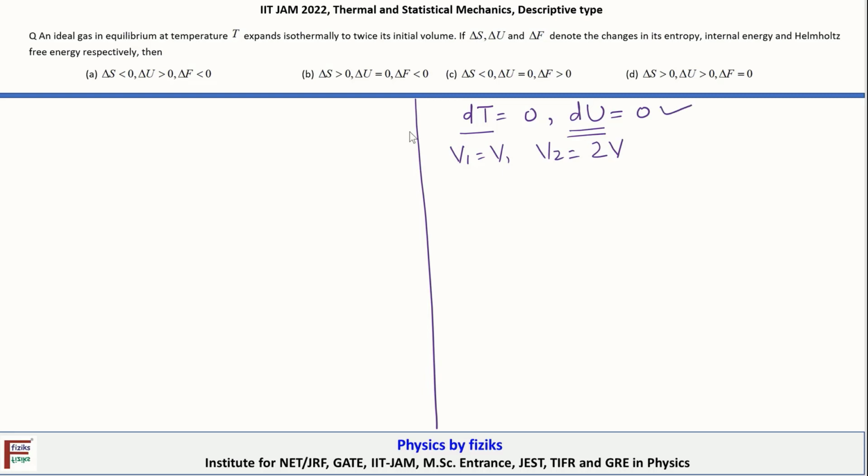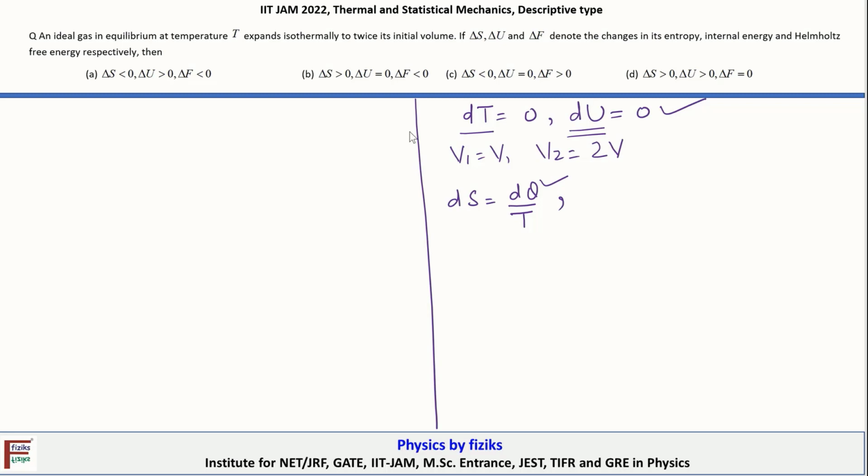So the first condition we have already determined. Let's try to understand what happens to the entropy when a gas undergoes isothermal expansion. The definition of the entropy is dS equal to dq by T. So if somehow we are able to evaluate dq, then we will be able to figure out the corresponding entropy change.